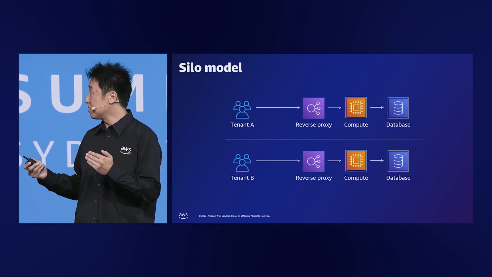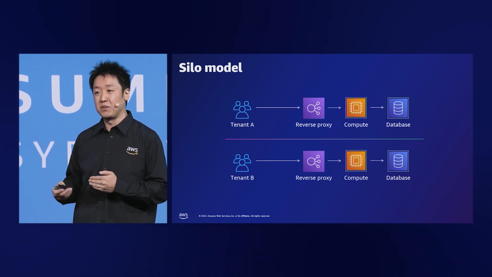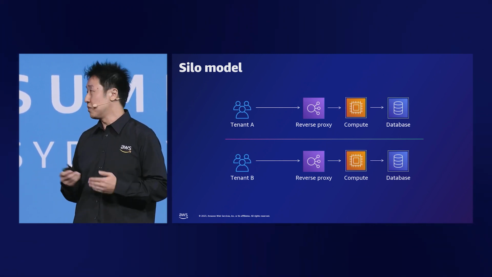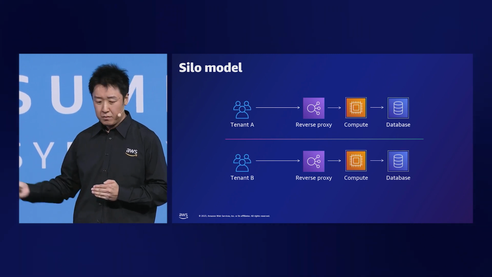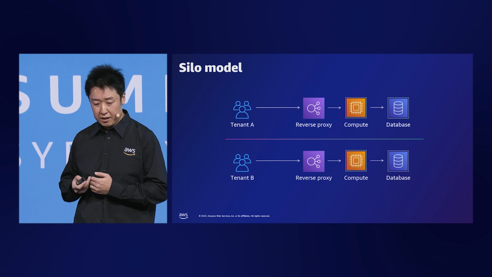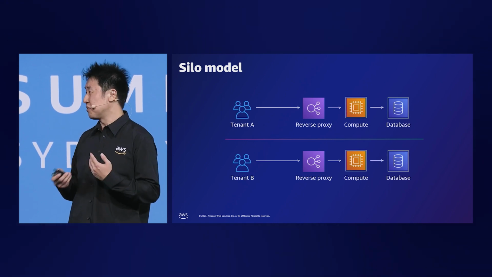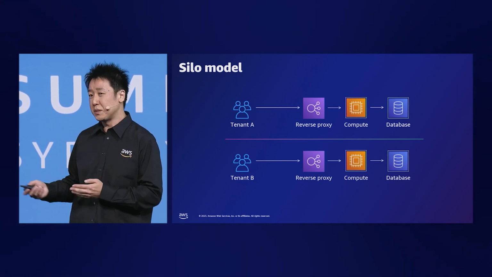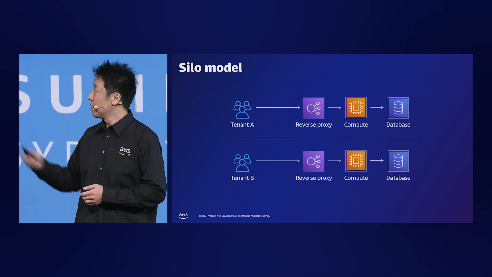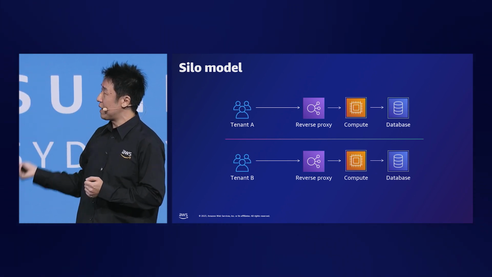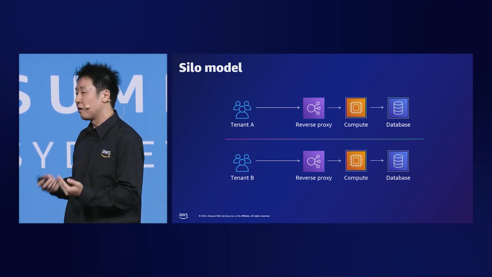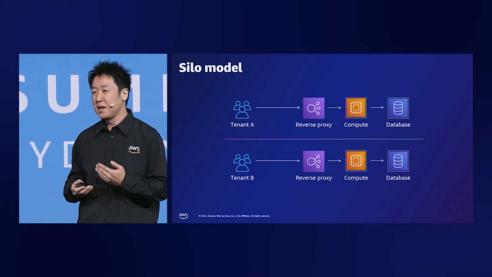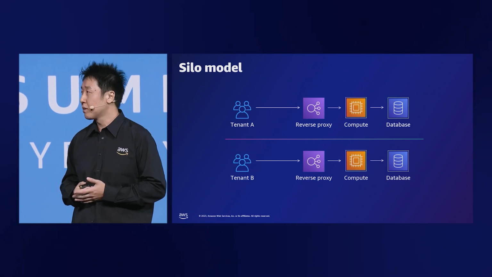And for the same reason, you're somewhat mitigated against the effects of things like noisy neighbors because all of your tenants can only really negatively influence their own set of infrastructure. You'll also find that the monitoring of activity and consumption between your tenants becomes somewhat straightforward because any one of these resources here can be attributed back to a specific tenant on a one-to-one basis. So creating things like cost and consumption reports for your tenants becomes relatively simplified.